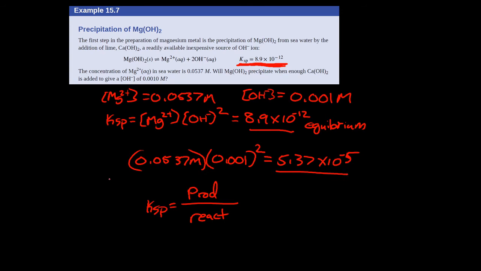It is going to shift towards the equilibrium, and in doing so, it's going to move this direction, which will indeed make more of this. It's going to make more of the magnesium hydroxide, which will precipitate out of the solution because it is a solid. So, in this particular mixture, yes, we will indeed precipitate magnesium hydroxide.